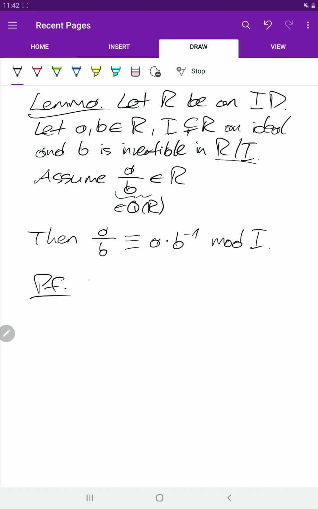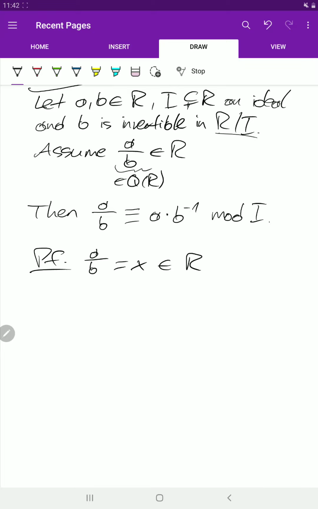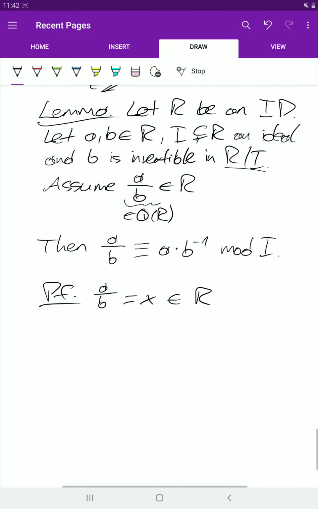Okay, so let's prove it, and the proof is quite easy. A divided by B is some X in R. Now let's look at this equation.